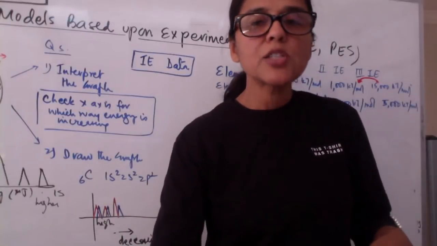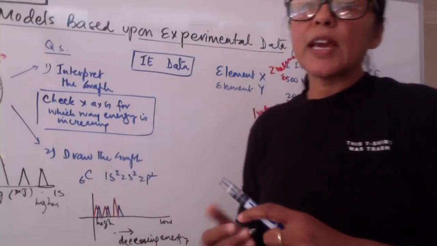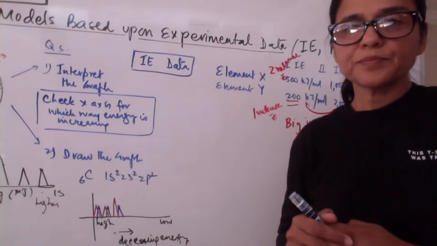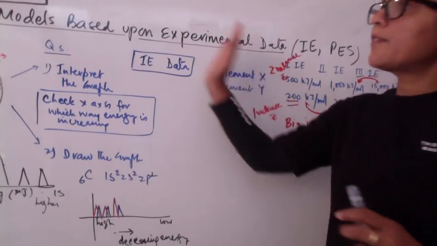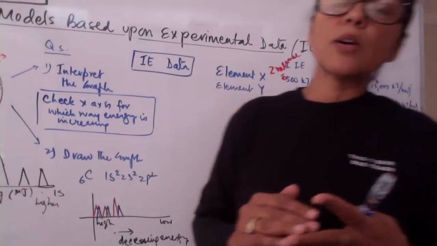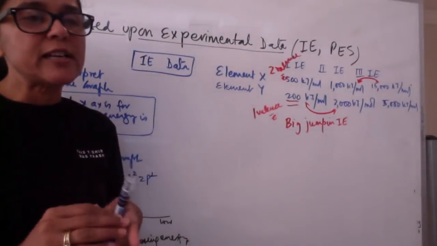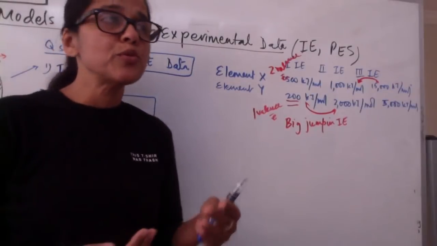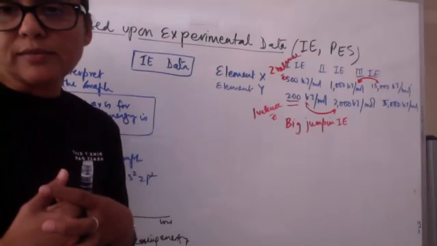So you will not be asked to convert between ionization energy and binding energy. So that is the first learning objectives, 1.5 through 1.8, about PES data and ionization energy data. How do you prove or disprove electron configuration based upon that, and so on.